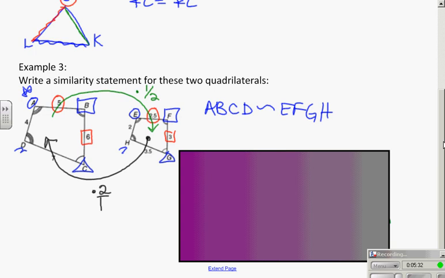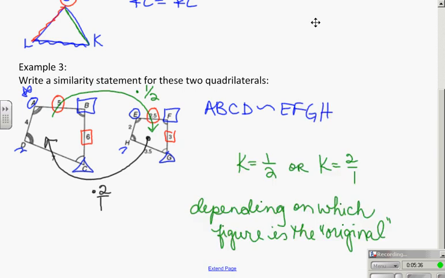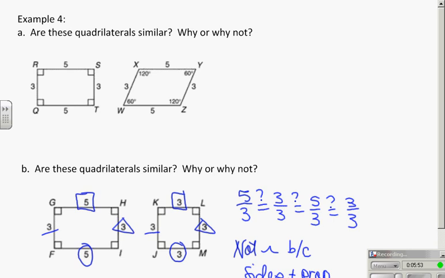In fact, we could talk of 2 over 1 to do that enlargement. So when it comes to scale factor, the scale factor here could be 1/2 or 2 over 1, depending on which figure is the original starting figure. So we always want to make sure to be thinking about which one is the original. Am I blowing up or shrinking from what starting point?